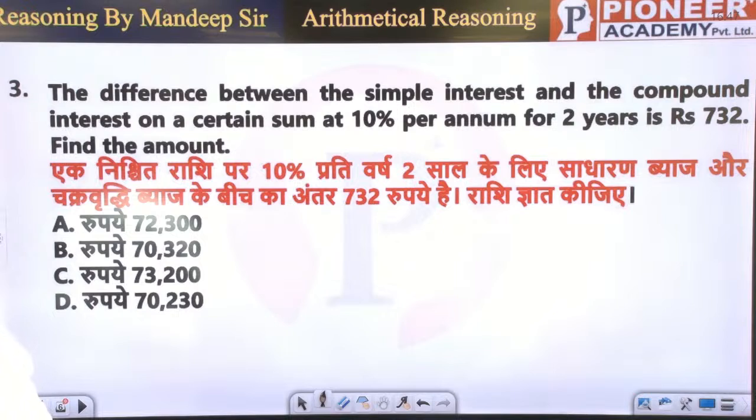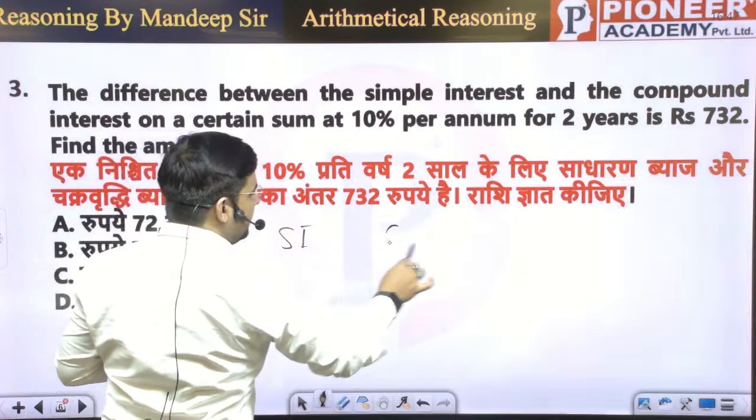Do you know about the cascading tax system? Taxes on tax is called the cascading system. CI is quite similar to the cascading system.